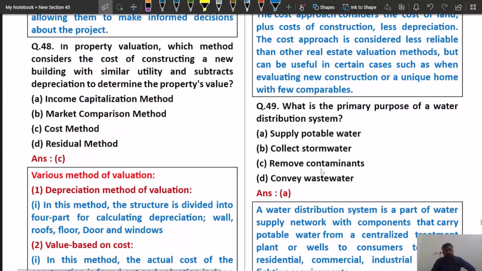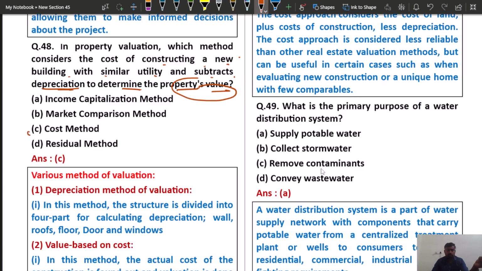In property valuation, which method considers the cost of constructing a new building with similar utility and subtracts the depreciation to determine the property's value? So in valuation, if we subtract the depreciation from the cost of construction to determine the property's value, this is the cost method.